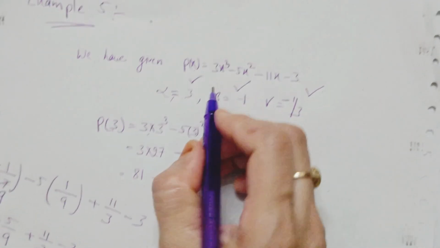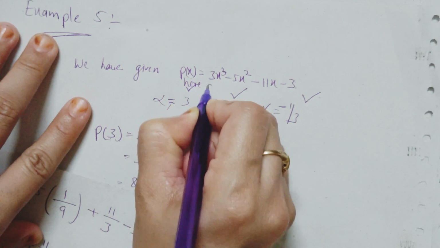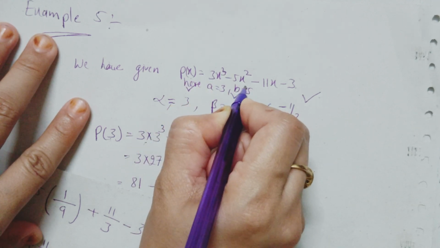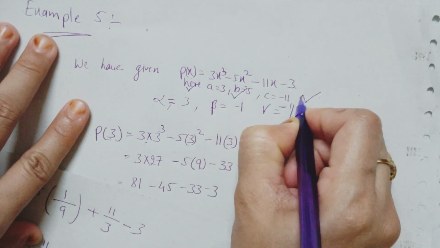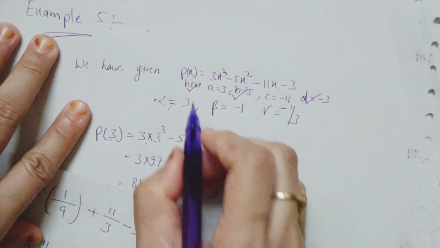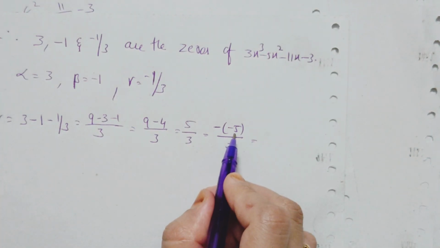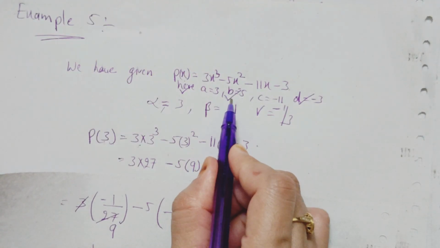If you see this equation here, a equal to 3, b equal to minus 5, c equal to minus 11 and d equal to minus 3. Okay, a b c d. Now what I have got here, minus 5 is nothing but b.